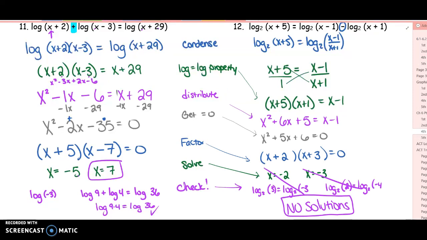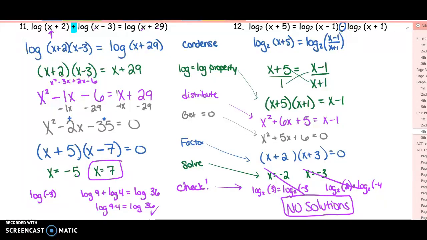When you distribute and get 0 on one side and factor and solve, you end up getting two negative solutions. Now, there is a misconception. A negative solution does not necessarily mean that it doesn't work. There are some negative solutions that will work.